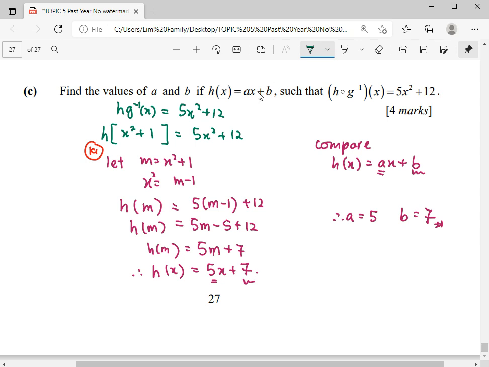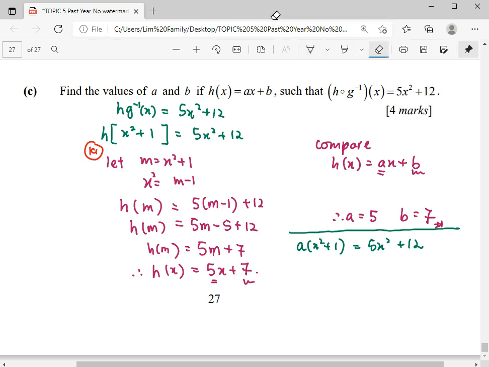So I give you another method, where h of x squared plus 1 becomes a times x squared plus 1 plus b equals 5x squared plus 12. So I will substitute the x squared plus 1 into the place of x.